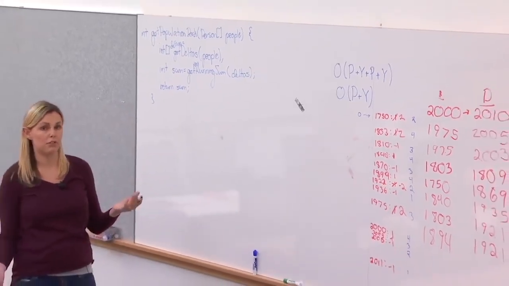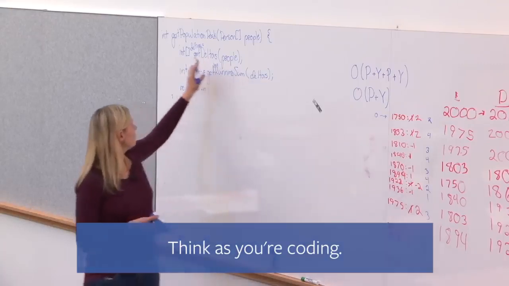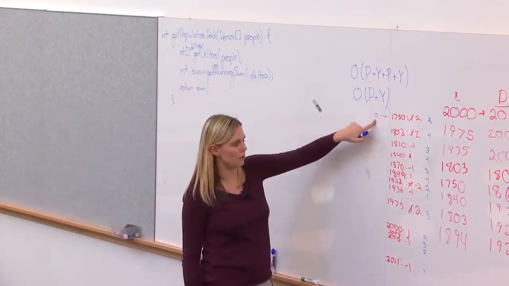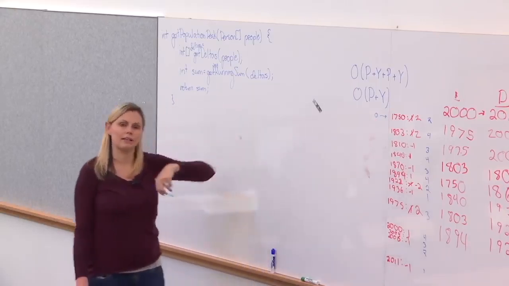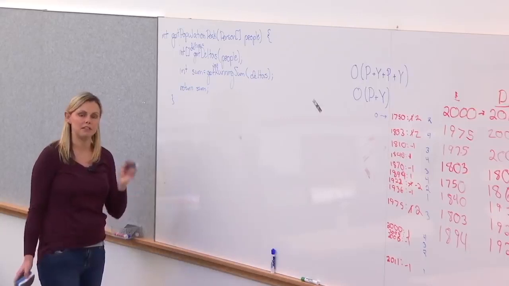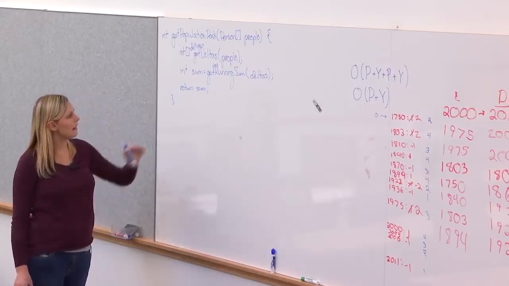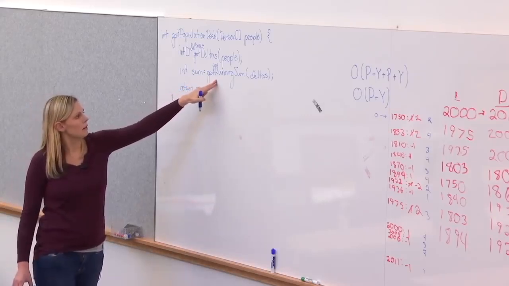Still, how do I deal with potentially negative years? My deltas array, I probably want this first birth year to be the index 0. So my deltas array doesn't start at 0. It starts at 1750, and that's the 0th index.